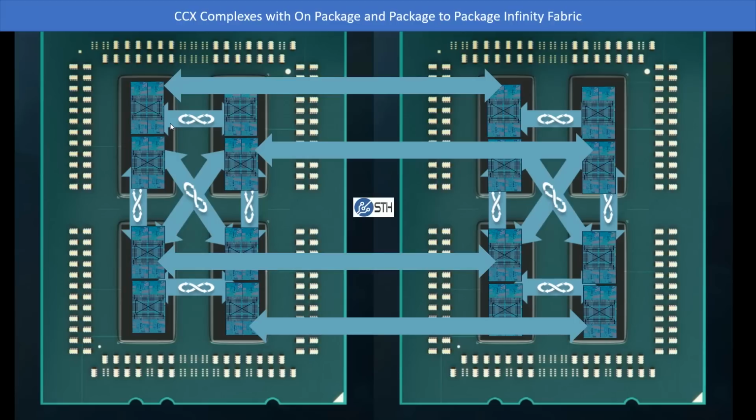Because AMD has both on-package and socket-to-socket Infinity Fabric connections, one can actually take multiple paths to get from socket to socket. So for example, if die 0 on package 1 needs to talk to die 3 on package 2, it can either go from die 0 to die 0 and then to die 3, or it can go die 0 to die 3 and then over to die 3.